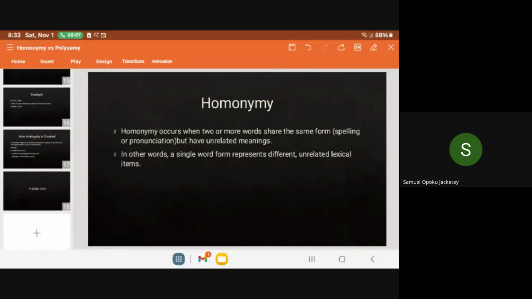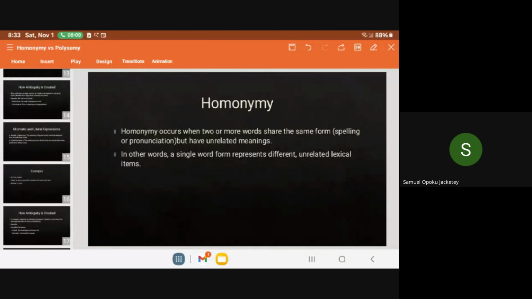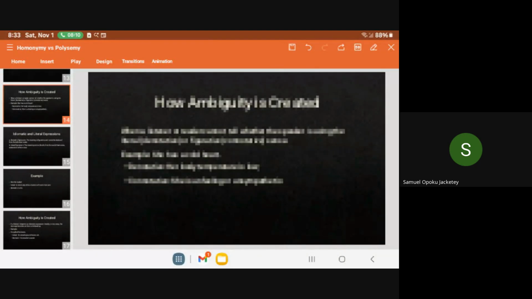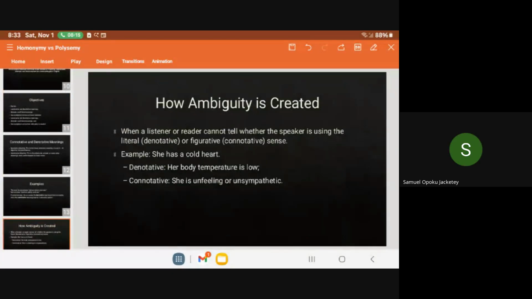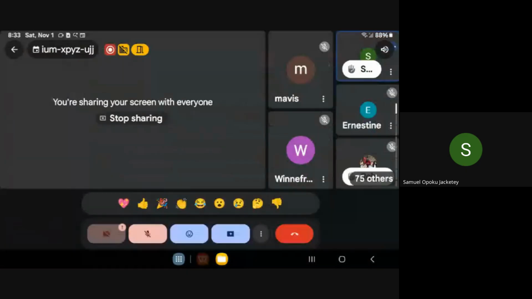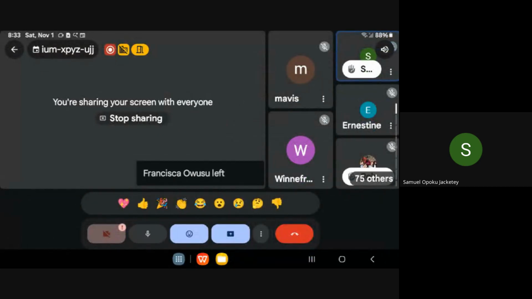So I want to know if they are used interchangeably, or if we can use the pejorative expression with the connotative meaning. So you should explain that point clearer for us. Thank you very much.